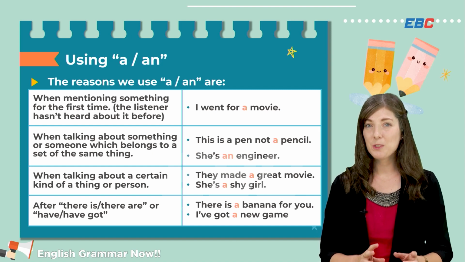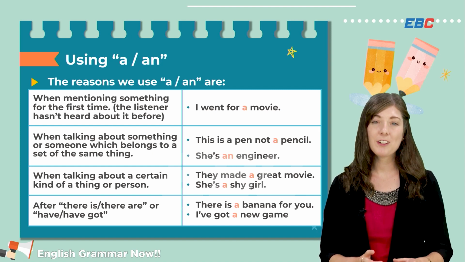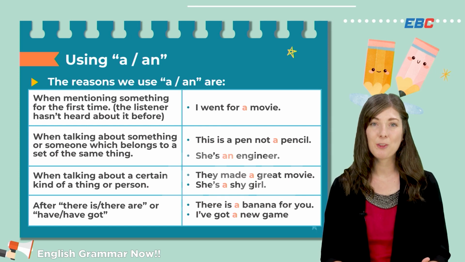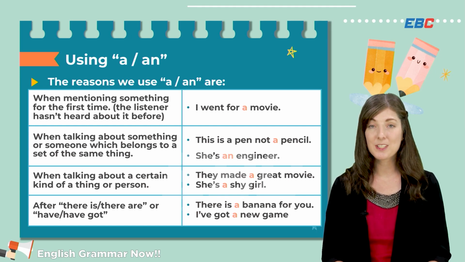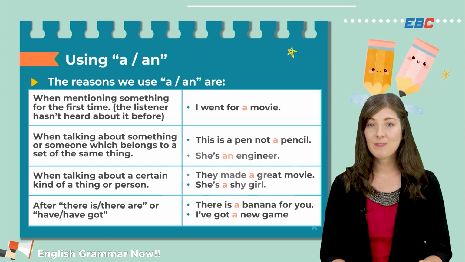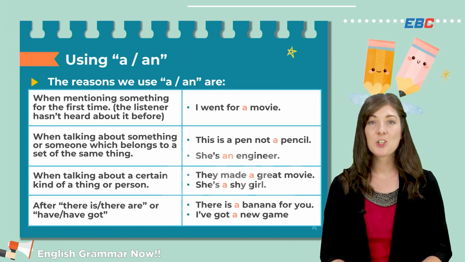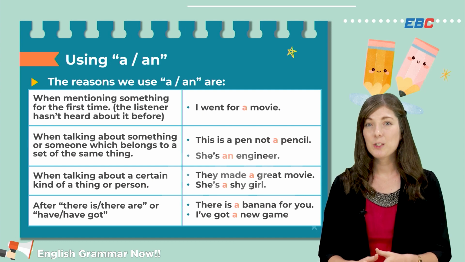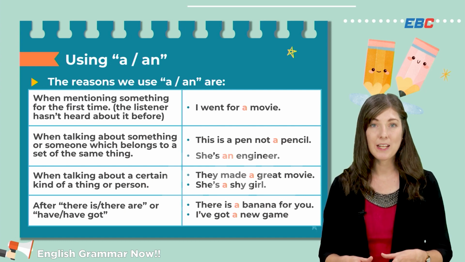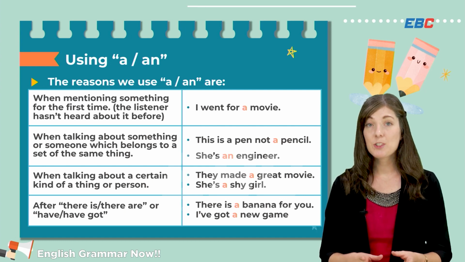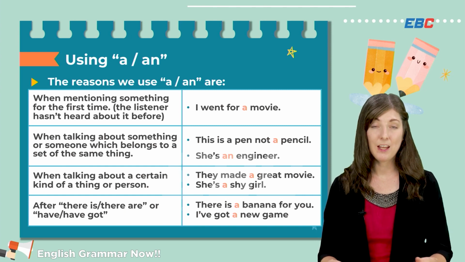We also use this article if we're talking about a certain kind of thing or a kind of person. For example, they made a great movie. She's a shy girl. We're using adjectives, great and shy, to describe the noun, the movie and the girl.